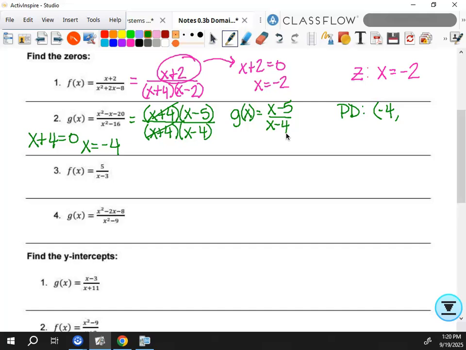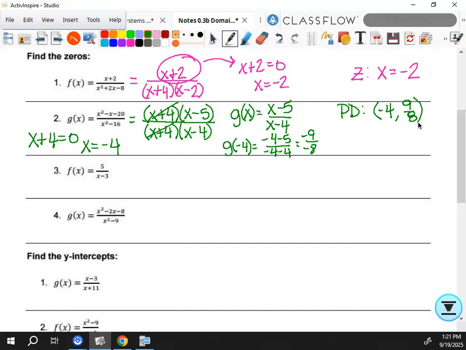So then let's find our y value here. So I'm looking for g of negative 4. This is negative 4 minus 5 over negative 4 minus 4. So that's negative 9 over negative 8, 9 over 8. Okay.